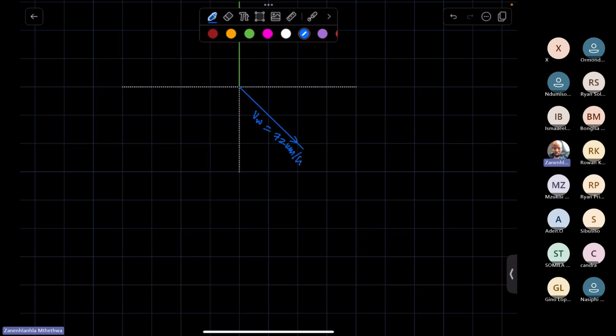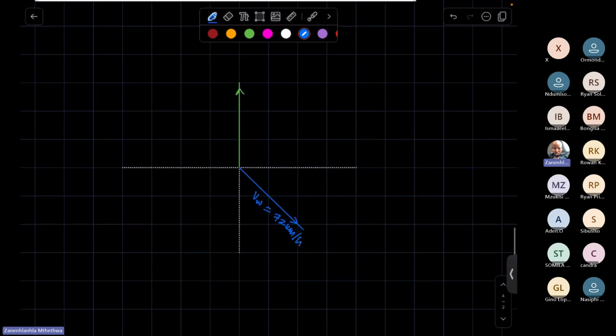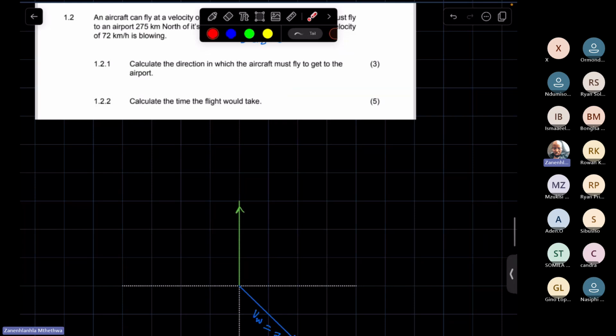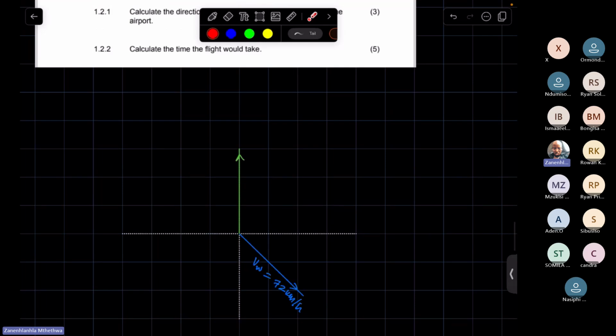Now, knowing these two vectors gives us an idea as to which direction the original vector, VO, will be going, because this has to end up directly north. Taking the wind vector into account, if this plane was to take off at this point and try to go directly north, this wind vector would push it in that direction. So essentially, it would end up somewhere in that direction.